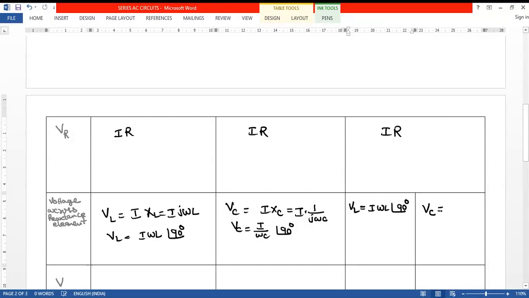Here the voltage across the capacitor is equal to I by omega C at an angle of minus 90 degrees. Okay.